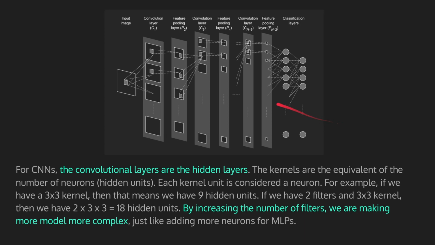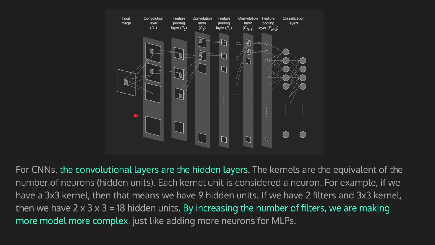So now you can think of convolutional layers like hidden layers, right? They're basically the hidden layers of MLPs. And the kernels are the equivalent of the number of neurons or hidden units for MLPs, right? Each kernel unit is considered a neuron.